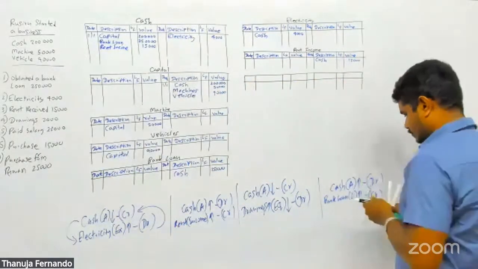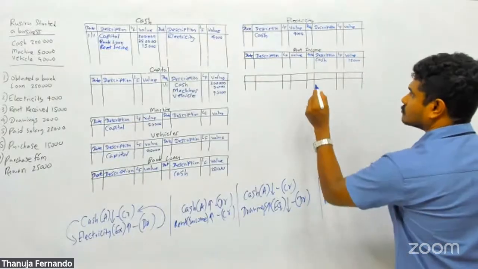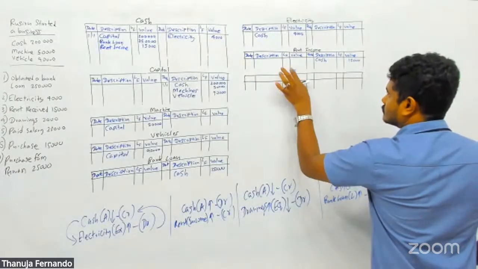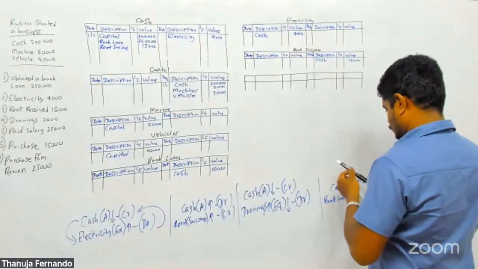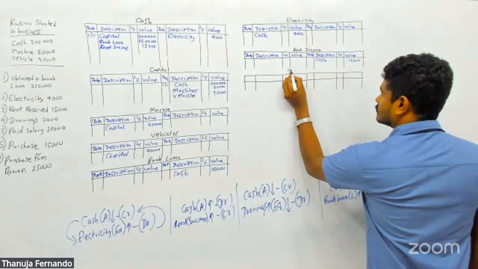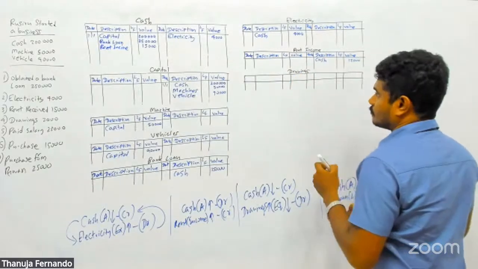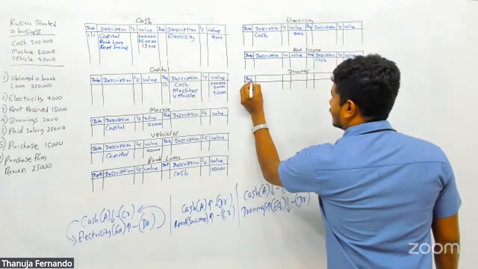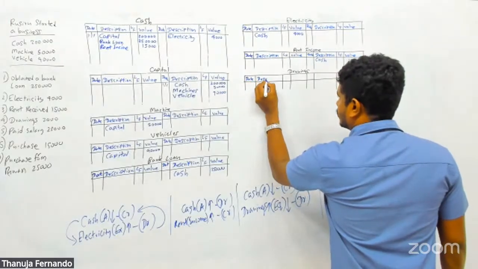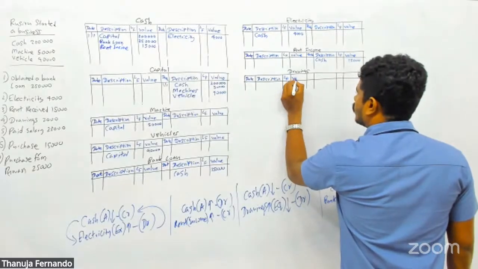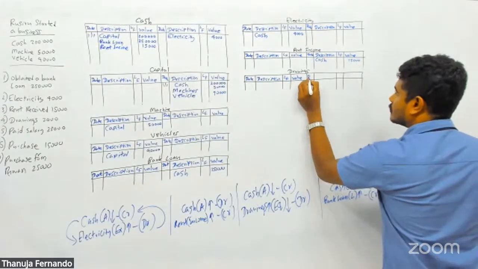Right. Date, description, ledger folio, value.